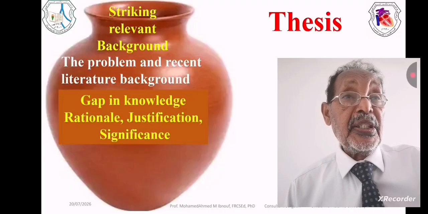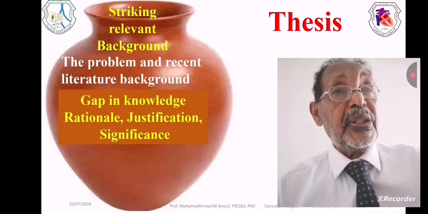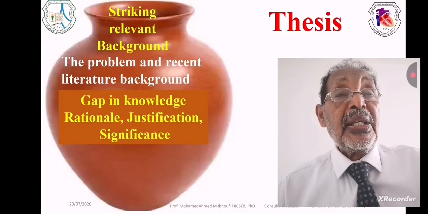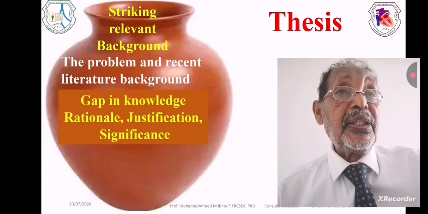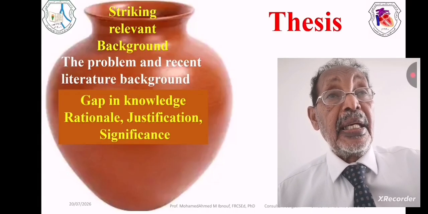However, in the thesis, usually we can write up to 15 citations. We can synthesize literature from 15 citations, a good synthesis, to come up with a clear knowledge gap.